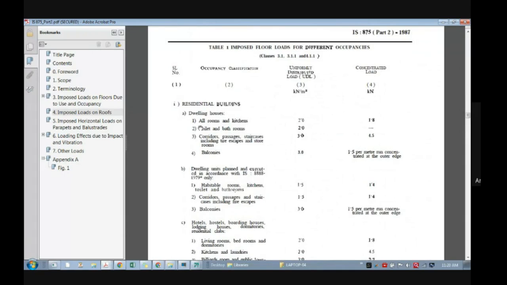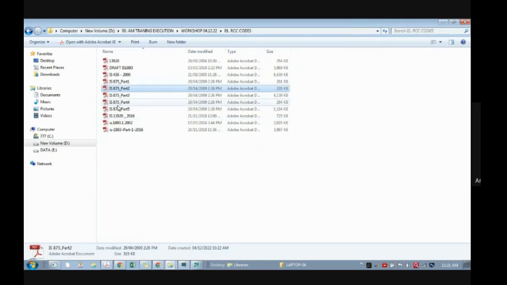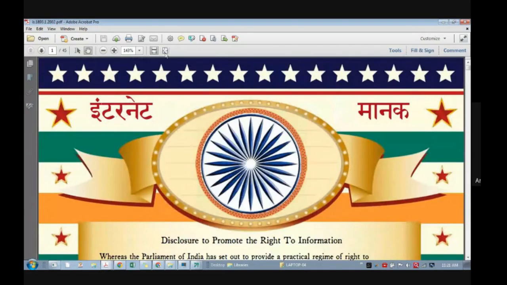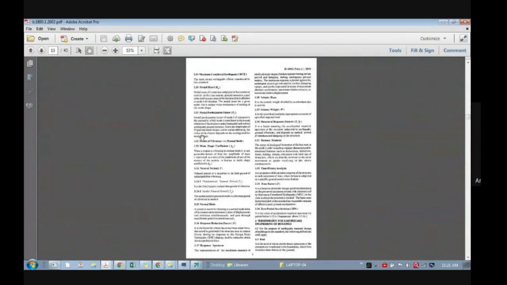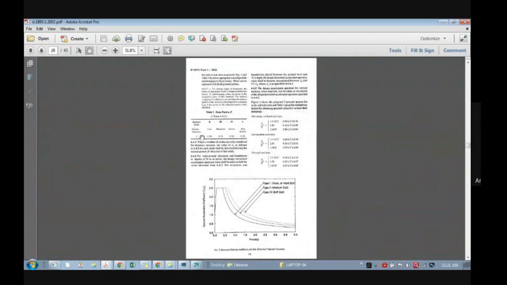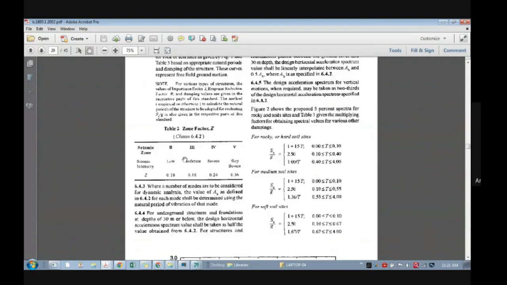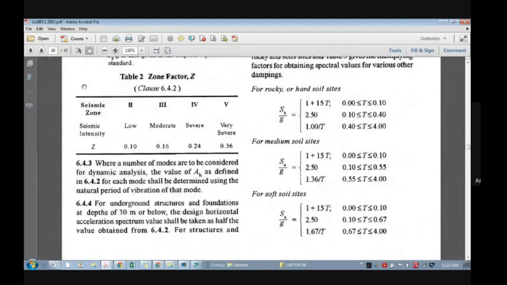So this is your IS 875 part 2. I have just taken the screenshot of this and I'm mentioning these loads. Okay. In a similar way, go to the earthquake load, 1893. Let me take part 2. It is saying table number 2. Just go into table number 2 here. This is IS 1893. Now you can take a screenshot of this also.